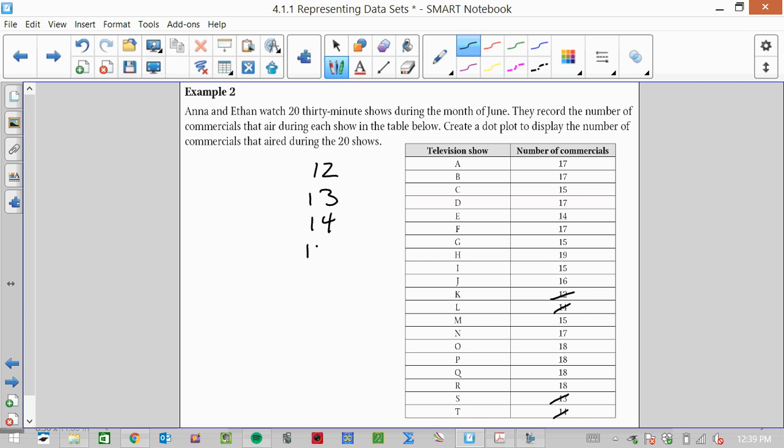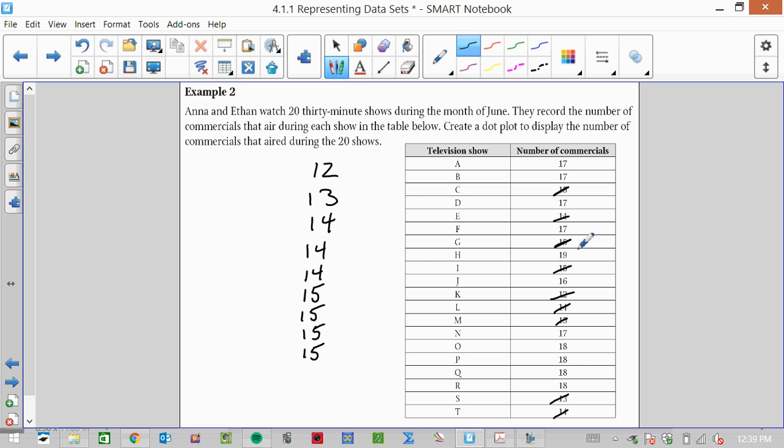Another 14. 14. And I think that's it. I see 15. 15. 15. Notice how I'm crossing out the numbers so I don't repeat them.